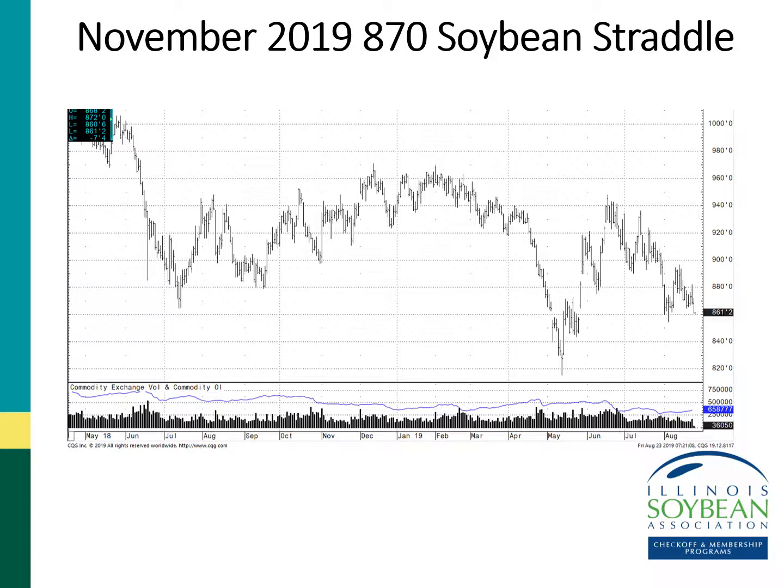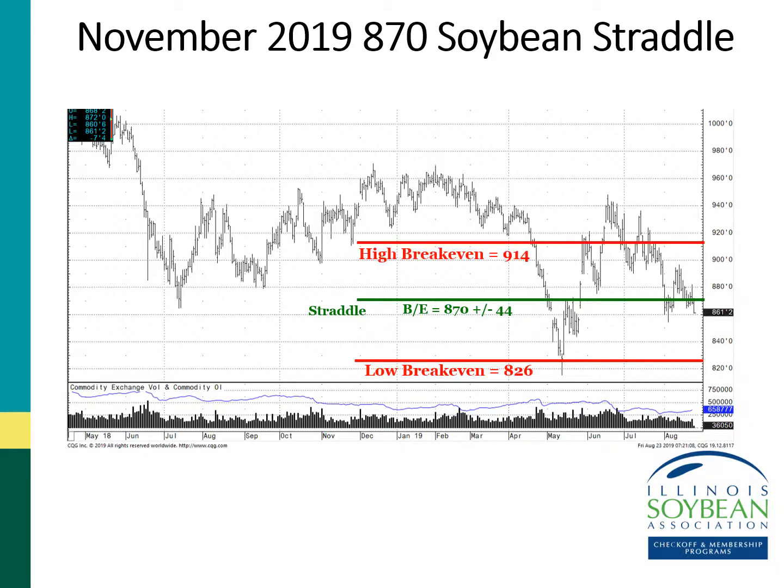So if we look at a chart here and try to figure out exactly how this works, here's where the straddle price is going to be. Our strike price is at 870. And our break even is plus or minus 44 cents from that price. So the high break even is 9.14, the low break even is 8.26.